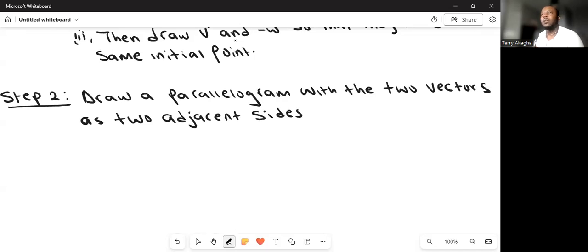Then when you're done with that, step 3: the first thing you do is draw a vector, which is going to represent the resultant vector, okay?